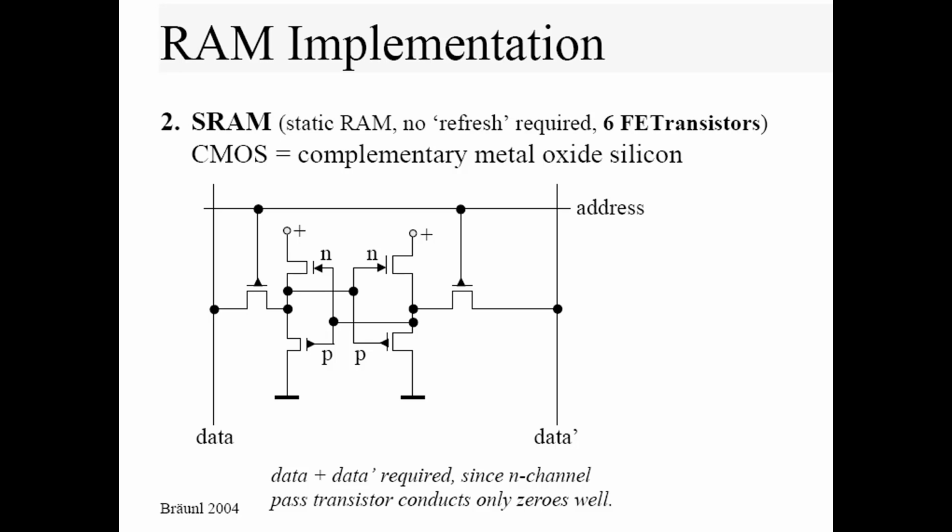As per the structure, we have inverters and access transistors. As per the inverters, the two cross-coupled inverters form a bistable latch which can hold one of the two stable states, 0 and 1. Access transistors, so these are transistors that are controlled by the word line and connect the cell to the bit lines for reading and writing the data.